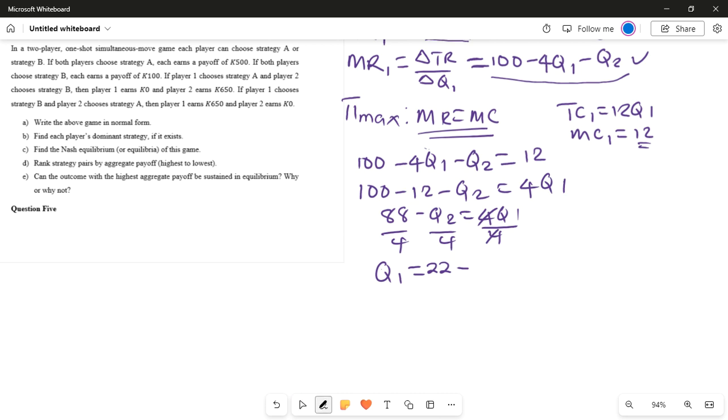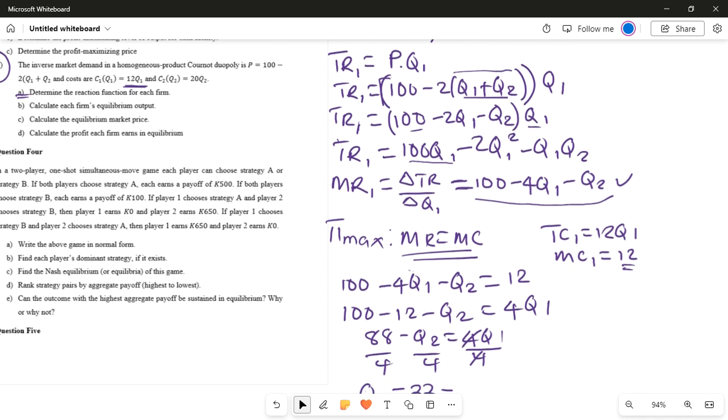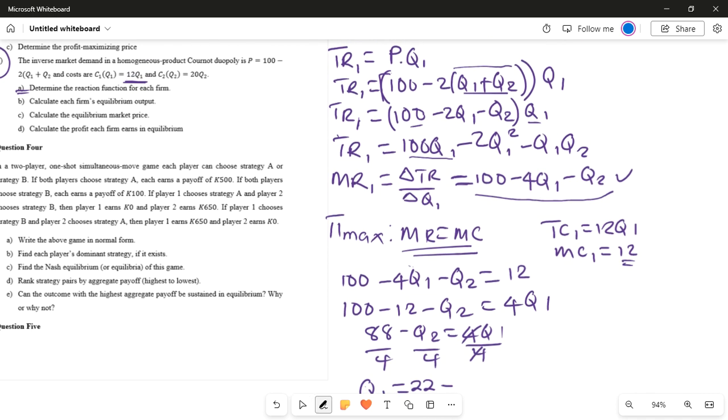Just a second, I feel like there's something wrong that we've done somewhere. Let me confirm that. When opening the brackets, we didn't put the 2 there. So I've seen that something is wrong, meaning this is supposed to be 100 q1, and here there's supposed to be a 2, so even after differentiating we're supposed to have a 2.